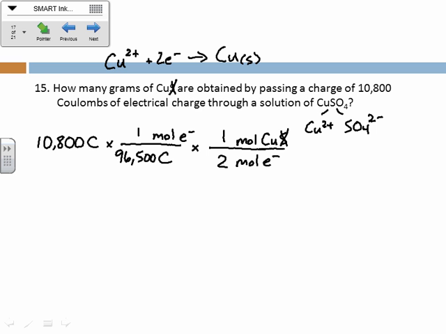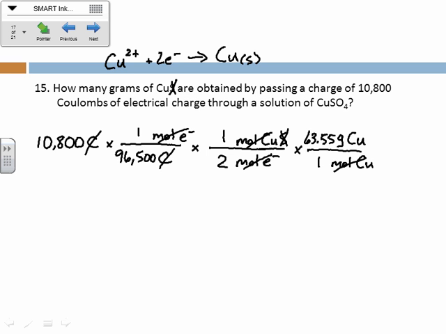Okay, let me erase this here so that I can keep going, because what we want is grams of copper. So moles of copper to grams of copper. In 1 mole there are 63.55 grams of copper. Okay, so that should take care of everything, and then all we have to do is solve for this.